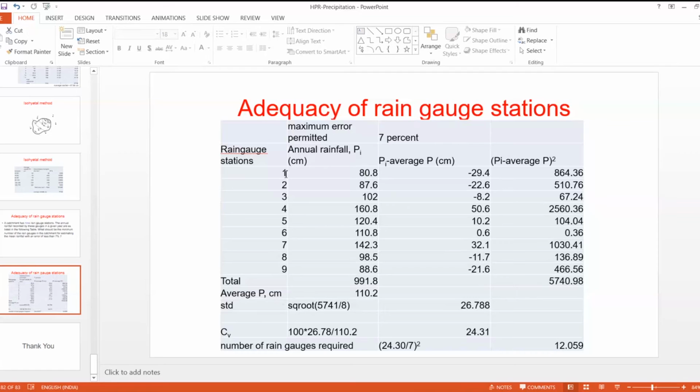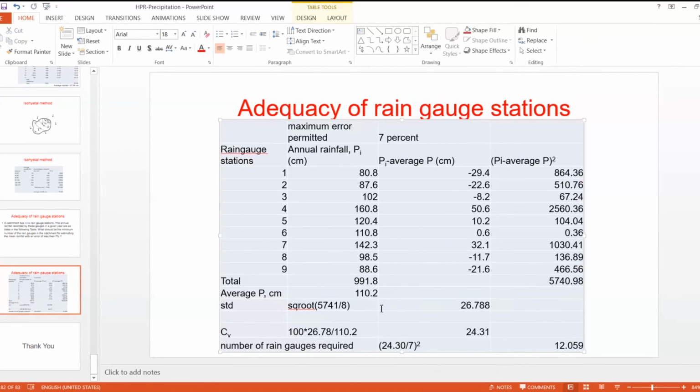So in this numerical example, annual rainfalls are given at each rain gauge station. Then we need to calculate the standard deviation and average rainfall. Here the steps are given for the standard deviation. Nowadays, in Excel, you can straight away calculate the standard deviation. The standard deviation is calculated as 26.788 centimeter, whereas the average rainfall of these 9 rain gauge stations is 110.2 centimeter.